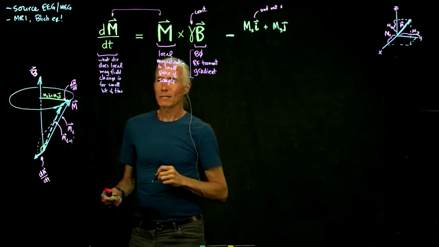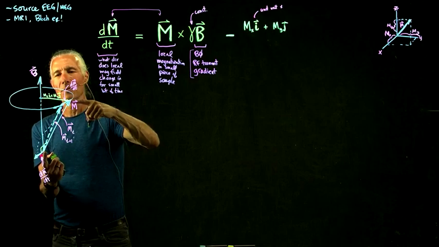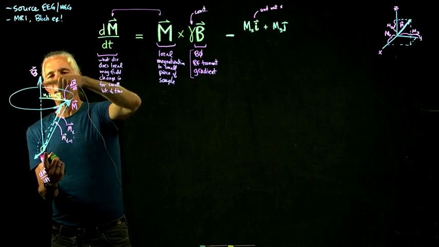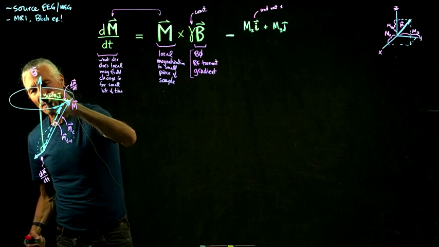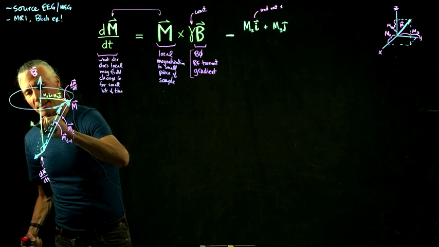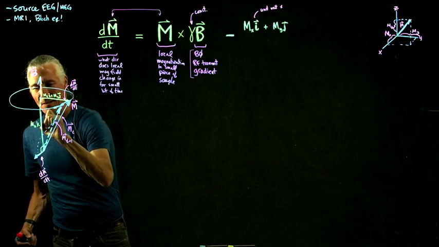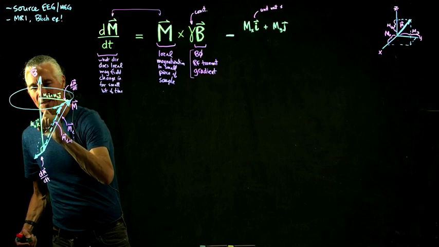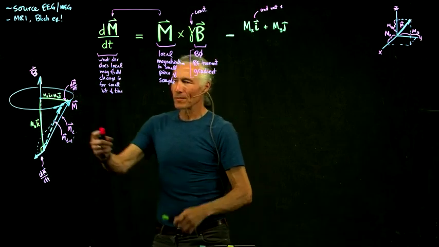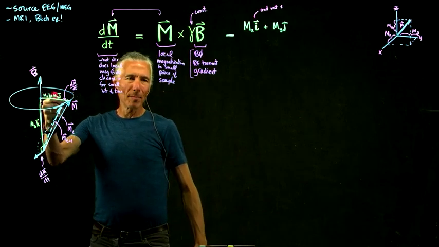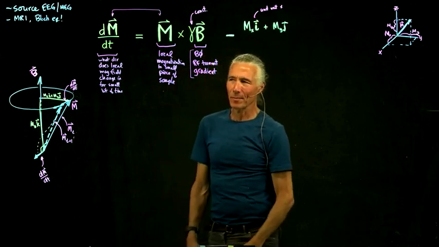And so if we decompose this m vector into the xy part of it and the z part of it, this thing over here would be the mz times k, the unit vector in the z direction. So all we did was break up the m vector into the xy part and the z part. That's the whole point of all that mess up there.